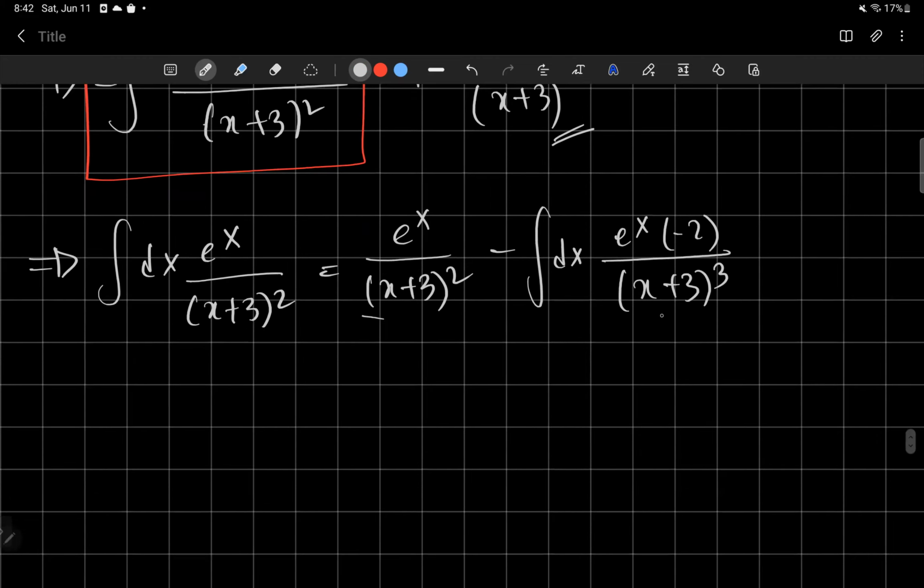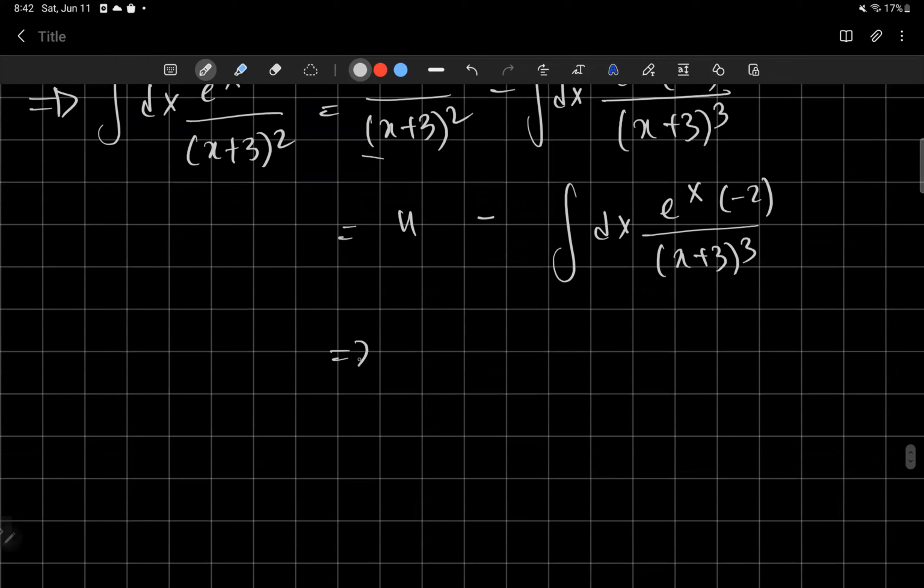Then again, it's no good. You can just keep this term. You integrate by parts this guy again, dx e of x, x plus 3 whole cube. Let me just keep the minus sign and -2 over there. If I integrate by parts, there's nothing good over there.